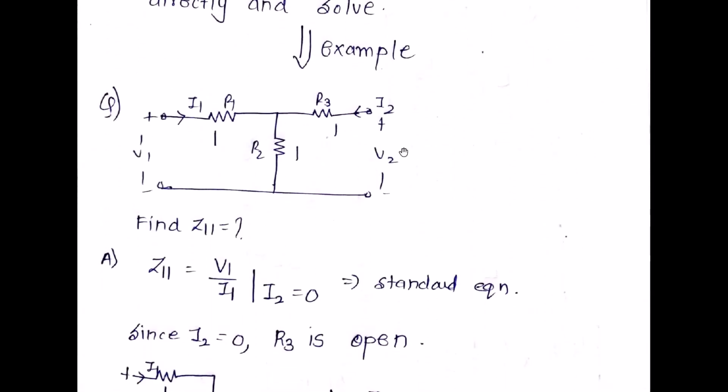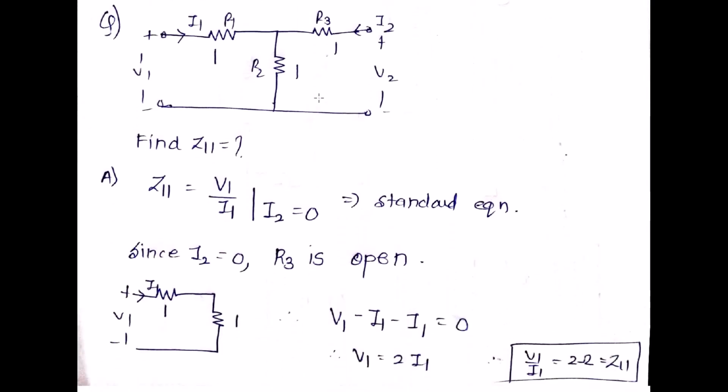The circuit diagram is given over here. Z11 will be equal to V1 upon I1 for I2 equal to 0. Since my I2 is equal to 0, I can consider R3 as open. If no current can flow through this particular branch, it means the resistance is very high, that means the resistance is infinite, and an infinite resistance is represented by an open circuit.